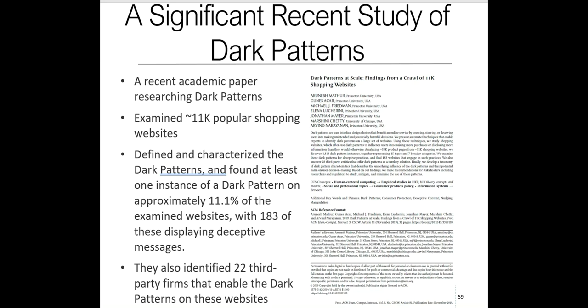They also identified, and this I also found particularly interesting, 22 third-party firms that enable the dark patterns on these websites. So these are other firms that have either direct mechanisms or some sort of perhaps promotional deal, which allows them to embed functions, or perhaps in some cases the company is embedding the functions deliberately themselves, again to try to encourage buying behaviors which are essentially dark patterns.